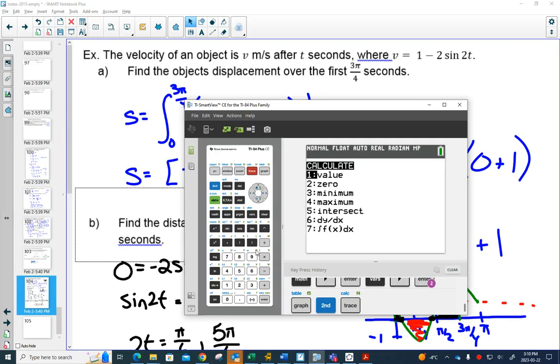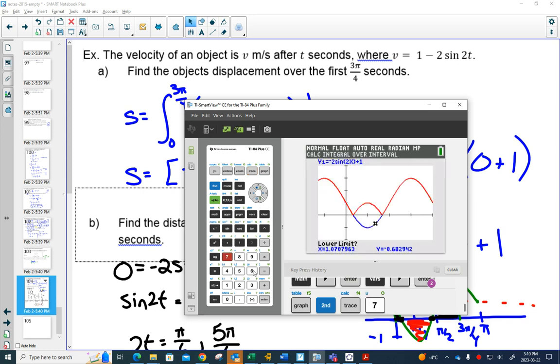Second, calculate. First of all, you can use your arrow keys up and down to switch which graph you're using. And now I can find from 0 as my lower limit up to 3 pi divided by 4. Woo! That's so pretty.